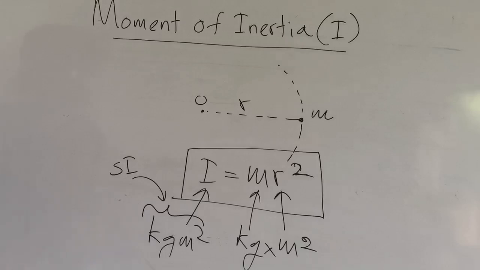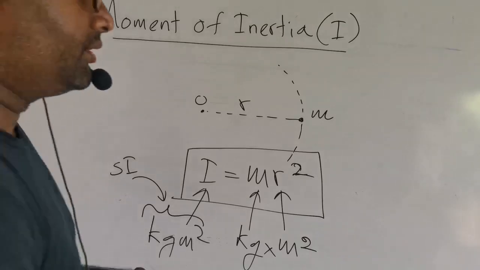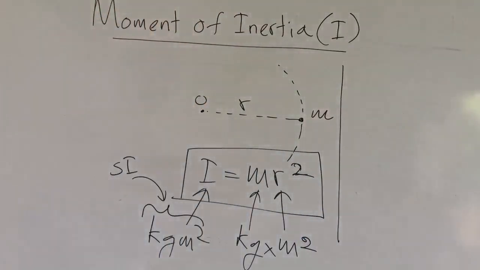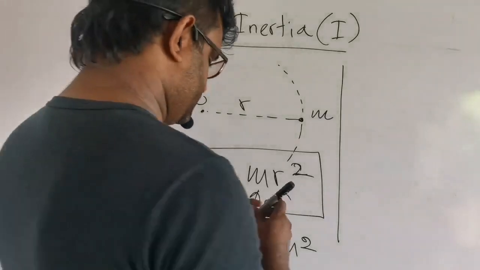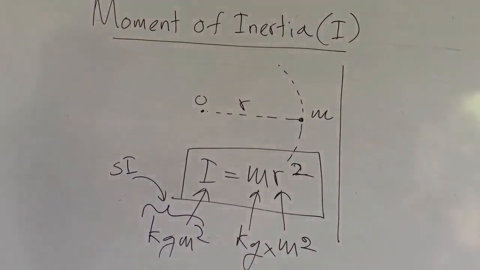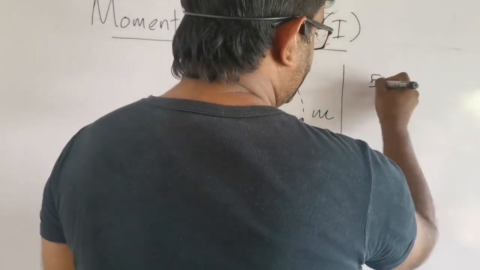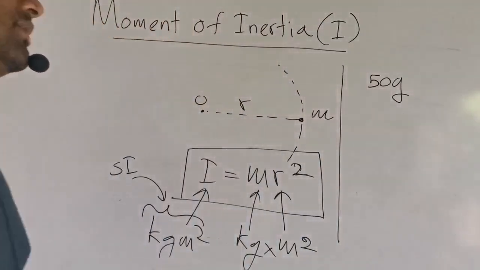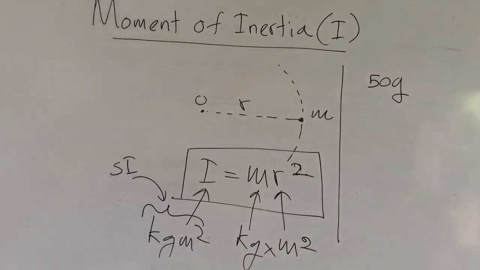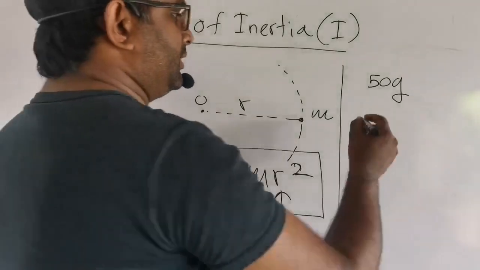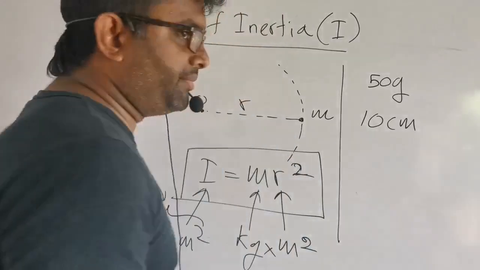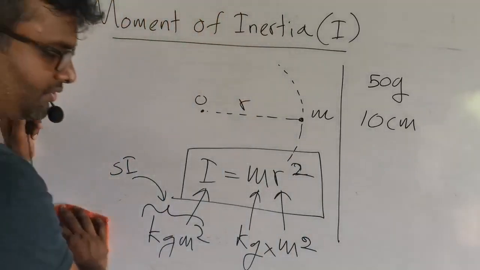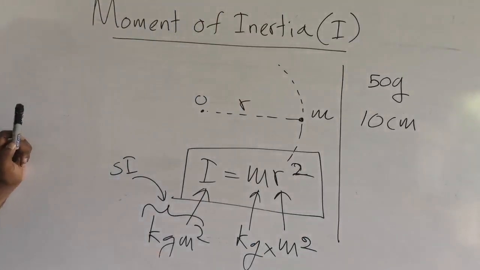Okay, write down this question. What is the moment of inertia of a point mass of 50 grams located at 10 centimeter perpendicular distance from the considering axis?